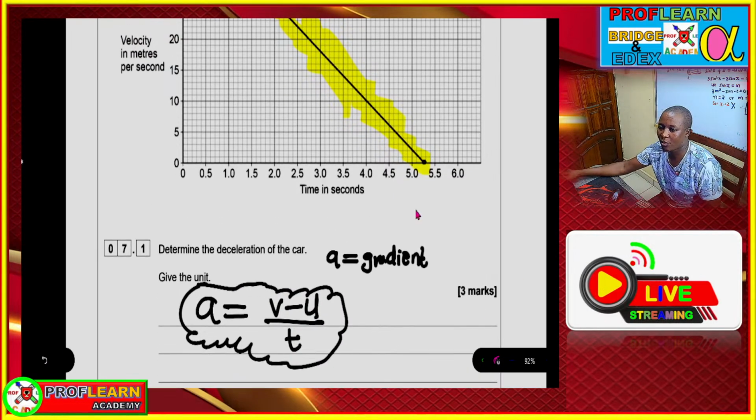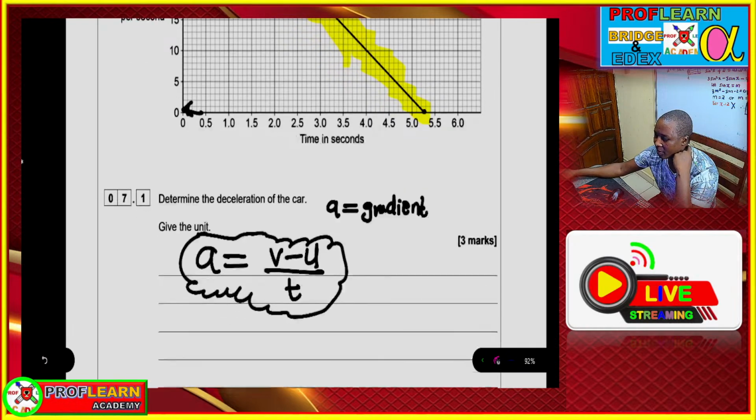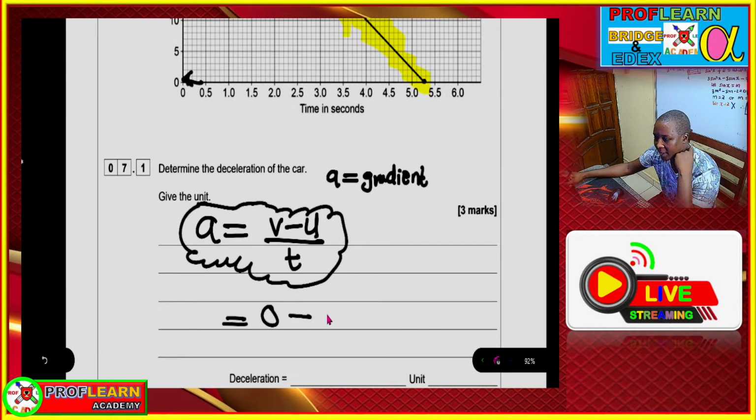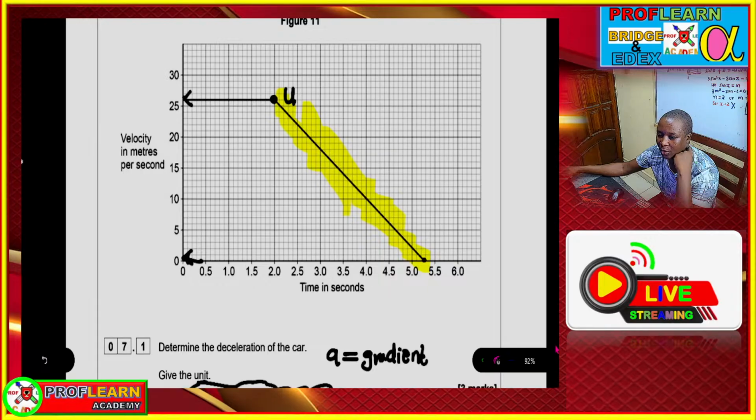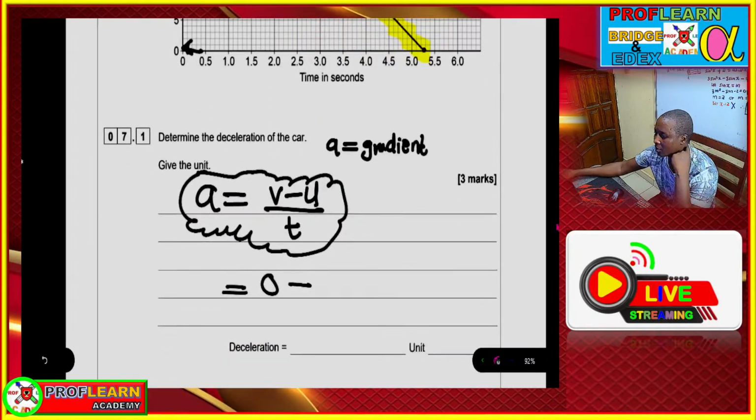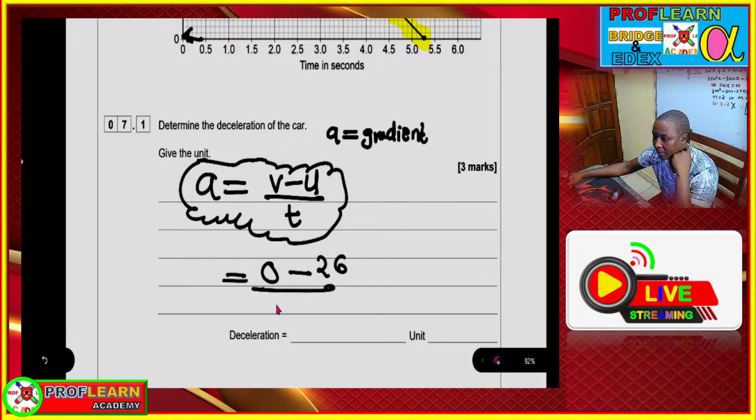But remember, acceleration: the initial velocity is this one, which is going to be read at this point, and the final velocity is the value that we're going to read here, and the time taken is going to be what? Yeah, that's going to be 5.3. Then we can say this is going to be 0 minus the initial velocity, which was 26, divided by time in seconds, 5.30.